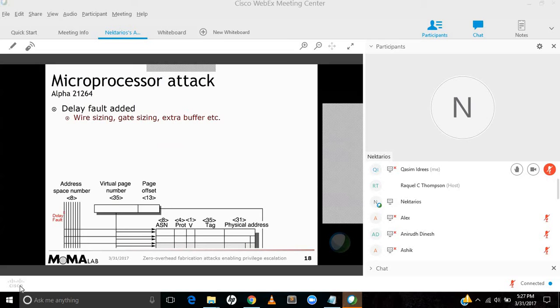Now, I have been talking about this attack for several slides, but I haven't shown you the attack. So this is the attack. Going back to the original translation look-aside buffer, the attack is to insert a delay to the most significant bit of the address space number. So we introduce this at the foundry as a delay fault. Essentially, we make the wire react slowly to a signal.